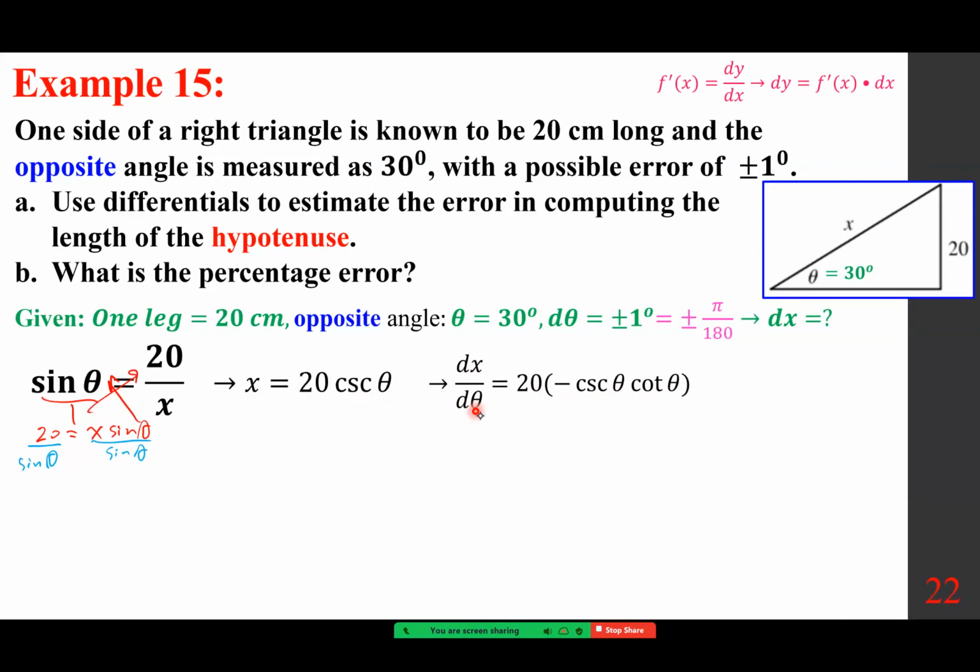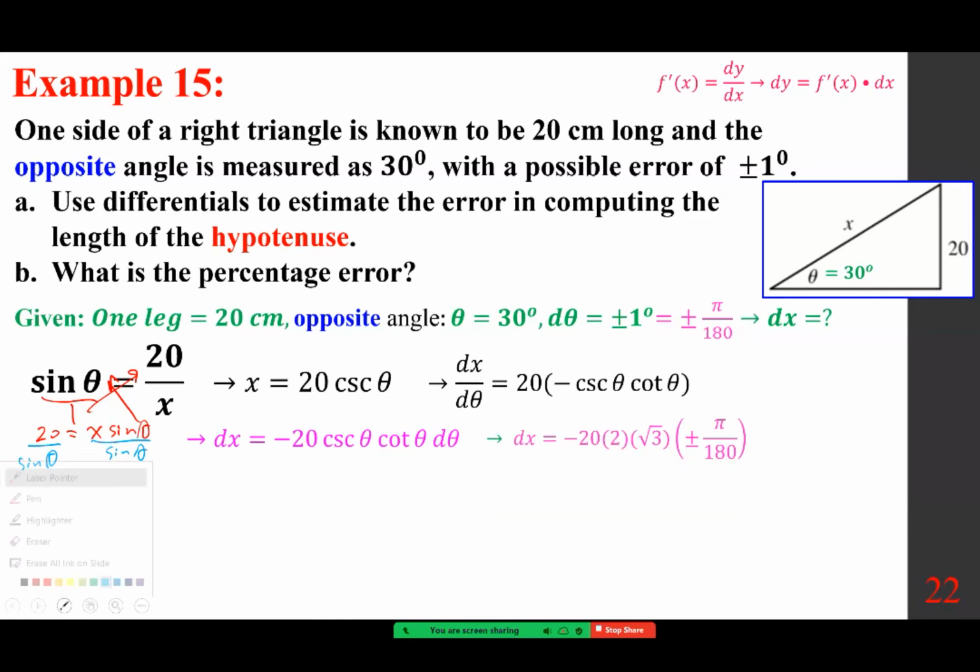The same thing times d theta. Plug in. So minus 20 times cosecant theta. Cosecant is 1 over sine. Sine of 30 degrees is 1/2, so that is 2. Cotangent of 30 is square root of 3. And d theta is plus or minus 1 degree, or plus or minus pi over 180 radians.